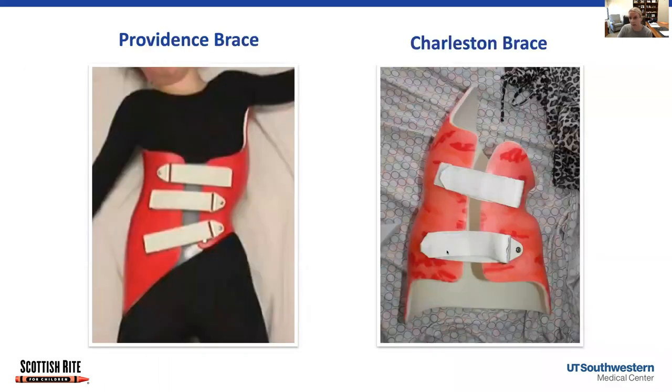If the patient has a lumbar curve only, and it's flexible, we will typically try to get away with a nighttime brace, so they only have to wear it at night. What we use here at Scottish Rite is a Providence brace, but you may also come across patients being prescribed a Charleston brace, which is really the same idea. It's just a slightly different type of brace.